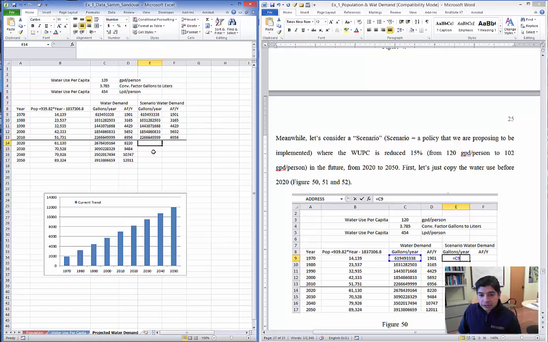And then for these years, we're going to use population. Instead of using 120, we're going to use 102 gallons per day, and then times the 365 days in a year.